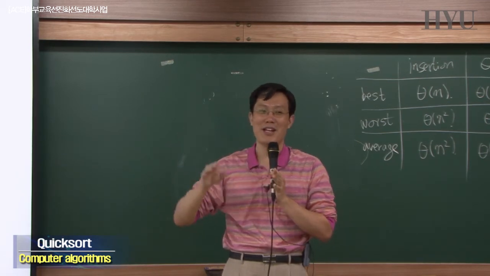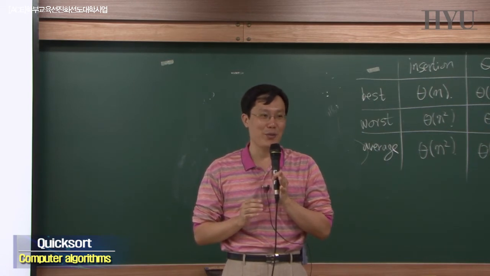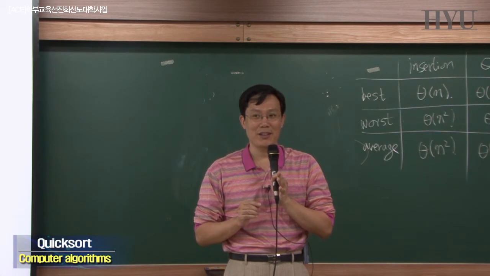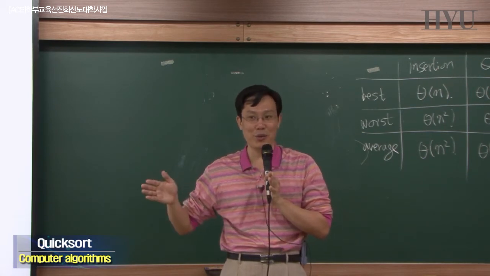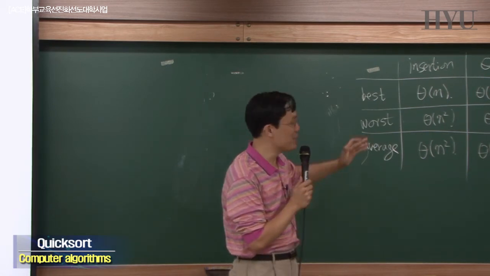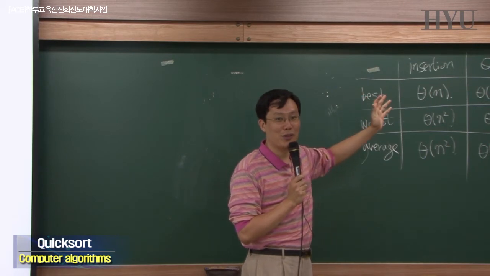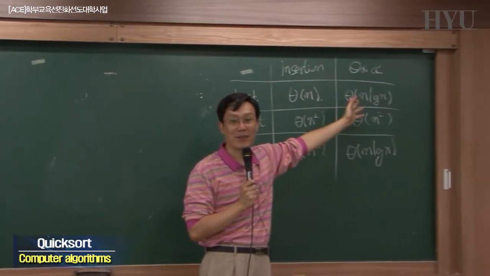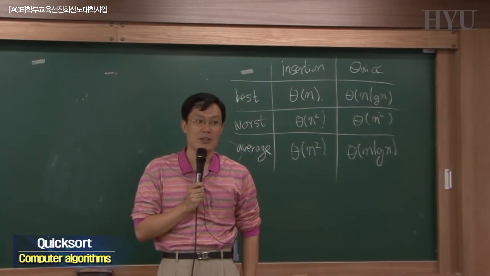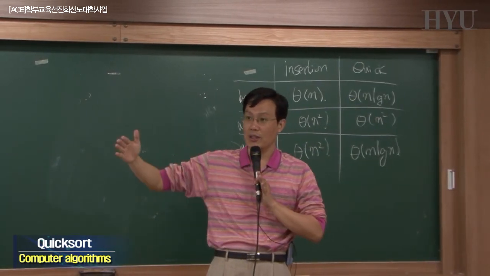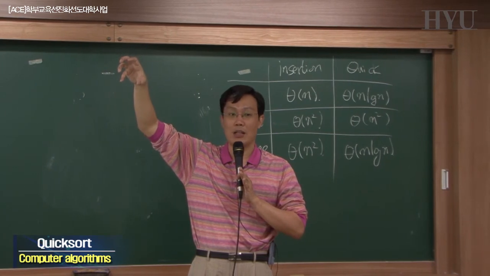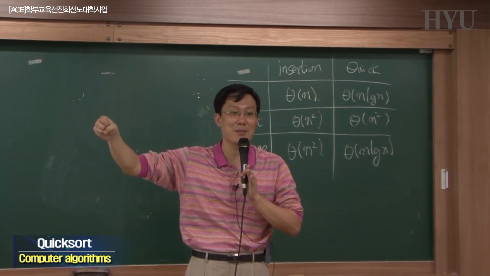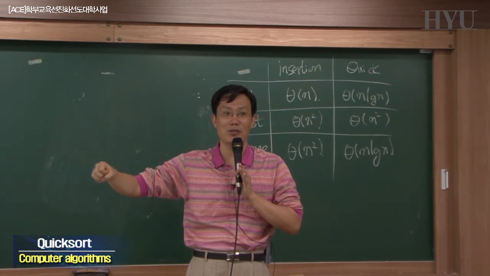So we run a sorting algorithm on the array. But if it is already sorted, it corresponds to which case of quicksort? Worst case. If it is sorted, the pivot element in the rightmost position is the maximum element.